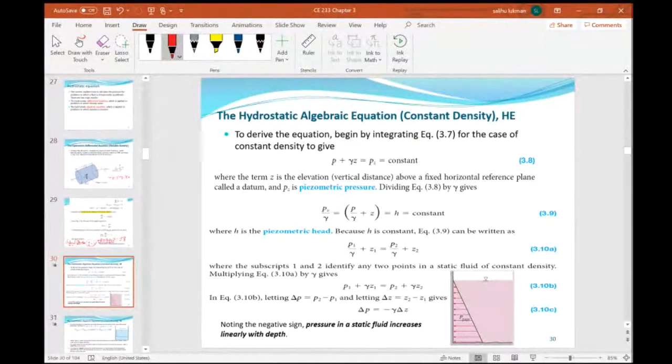Now, to derive the hydrostatic algebraic equation when the density is constant, we call it HE, the hydrostatic equation. To derive the equation, we begin by integrating 3.7 for the case of constant density. What are we integrating? dP/dZ equal minus gamma.